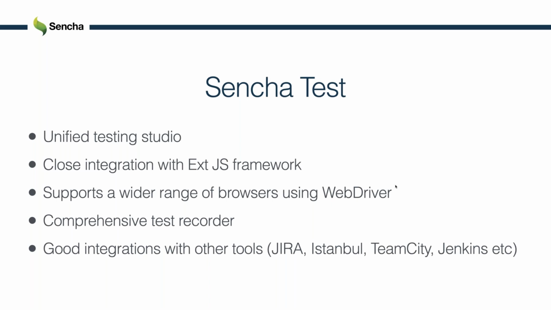It's also got a very comprehensive test recorder. Playwright has the codegen tool, but as I said, because Sencha Test integrates so well with the ExtJS framework, the test recorder is geared to recording things with an ExtJS mindset, if you like. So when you click a button, it looks for the ExtJS selector to select that button.